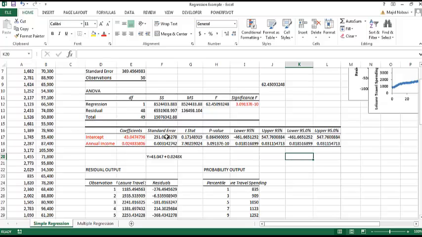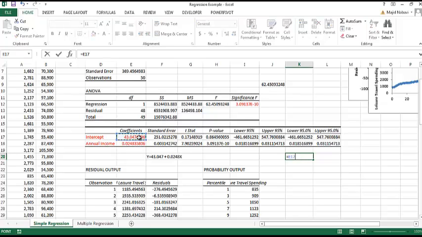Standard errors are calculated for both coefficients. And t-statistic, which is used to do the t-test, is the ratio of coefficient over standard error. We can try this here.